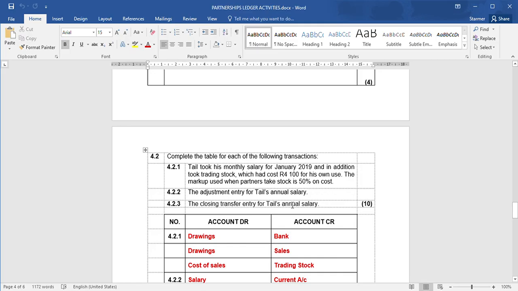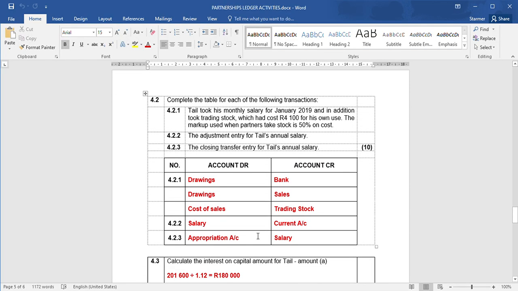Then the adjustment entry for salary, that's the first time you bring salary into account, so you debit salary and credit the current account as part of his earnings. And then to close off with the annual salary, that's where you make debit and credit side equal. So you credit the salary and it goes to the appropriation account.